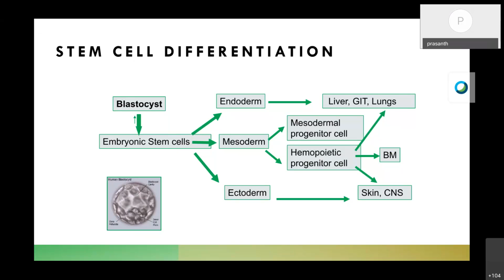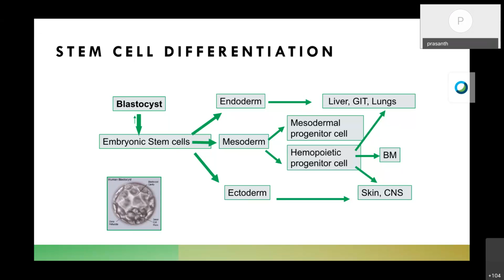From the mesodermal components, you have the hematopoietic progenitor cells, which are the major stem cells used for stem cell transplantation because they are easy to harvest and easy to procure. All the other types of stem cells are not generally used for therapeutic purposes.